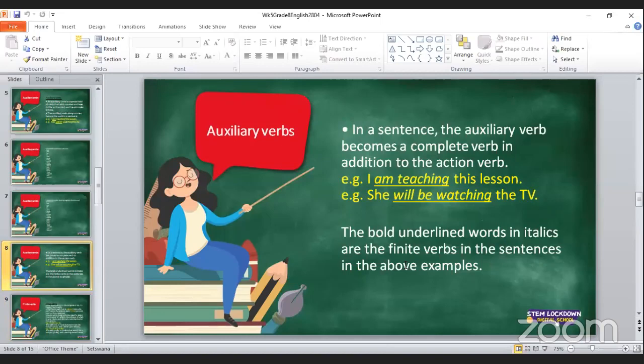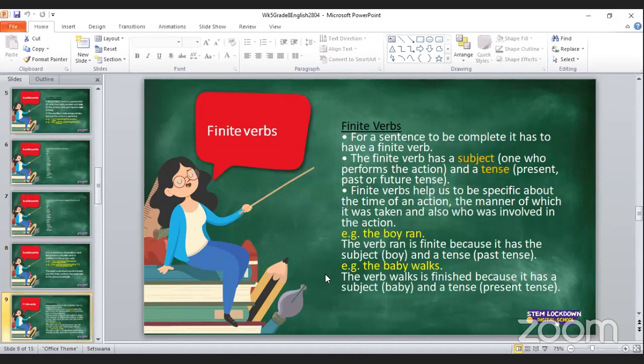So I am teaching this lesson. From here, I act as my subject. Am teaching is my finite verb, and lesson is my object. We'll do that in another lesson, but that's something we need to bear in mind for today's lesson. So the finite verb has a subject and a tense.